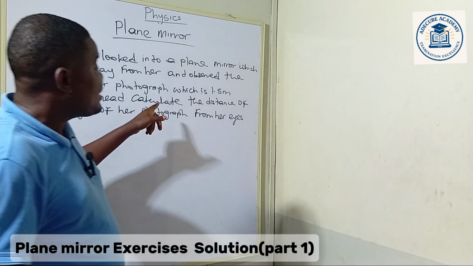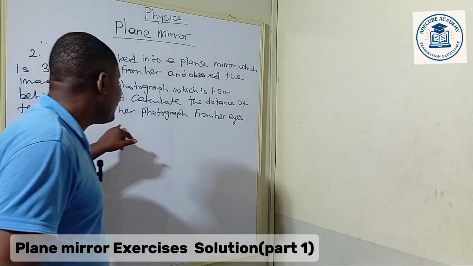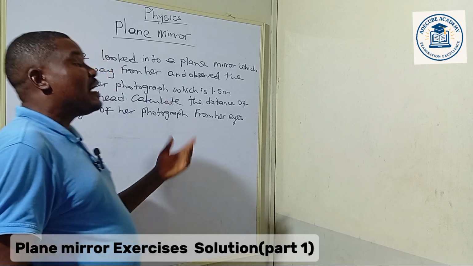The question says, calculate the distance of the image of the photograph from her eye.